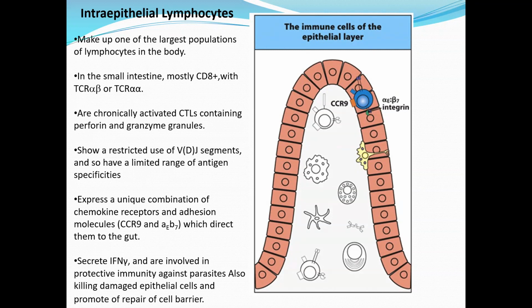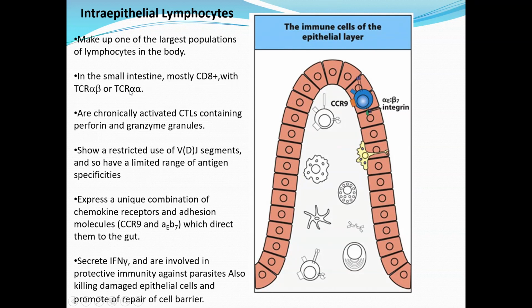So there are much more lymphocytes that survey this whole area compared to what's circulating in the lymph and the blood. There are many types of these intraepithelial lymphocytes. Most of them are CD8 positive cytotoxic T cells, which contain the alpha beta T cell receptor.